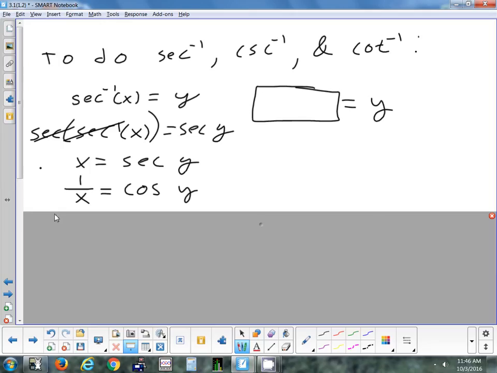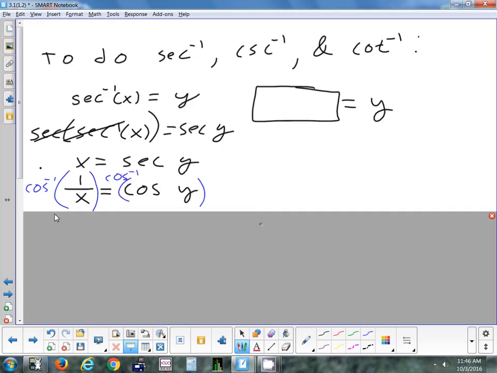Now the last thing is I'd like to get rid of cosine and just have y by itself. Anybody have a guess what function could cancel out regular cosine? Yep, inverse cosine. So now I'm going to undo what I did at the very first step. I'm going to take the inverse cosine of each side, on the left and on the right.